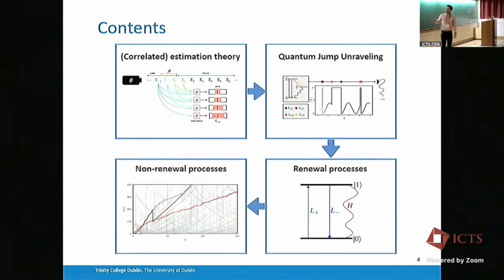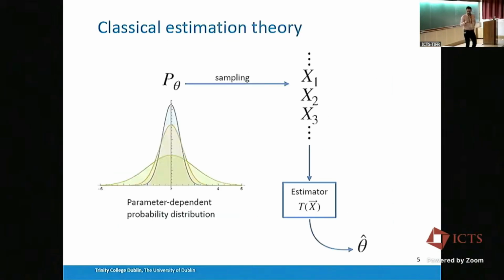There's a fairly simple case, which we refer to as renewal processes, where the entire thing becomes analytically tractable, but which unfortunately doesn't happen to be the case that we expect to encounter more often, or it's the interesting part. So we'll then go to non-renewal processes, processes for which this renewal property doesn't hold, and where we have to deal with the problem numerically. Yeah, so this is the overview.